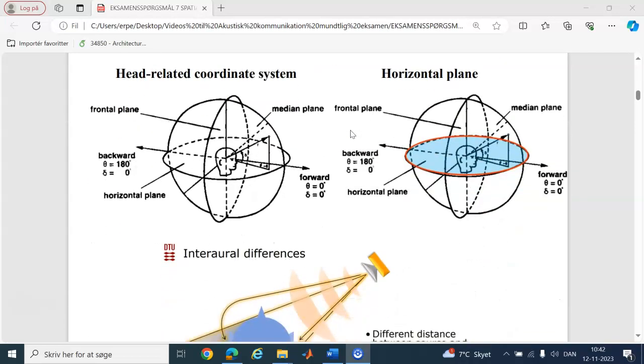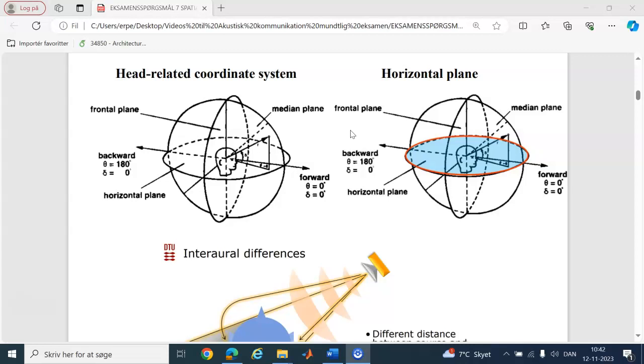Then we have the head-related coordinate system. We have a frontal plane, the front, and we have the median plane. The front is what you can see in front of you, and the median plane goes directly through the middle of the head.